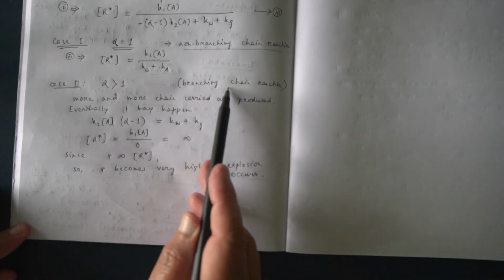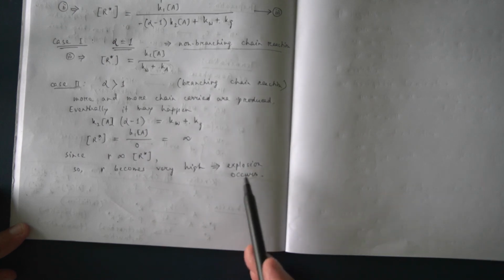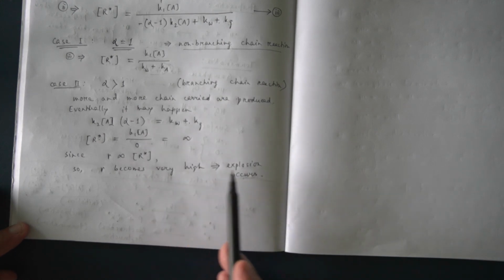So in case of branching chain reaction, explosion takes place. Why does explosion take place? Because the rate of reaction is very, very high. When the rate of reaction is very, very high, explosion takes place.